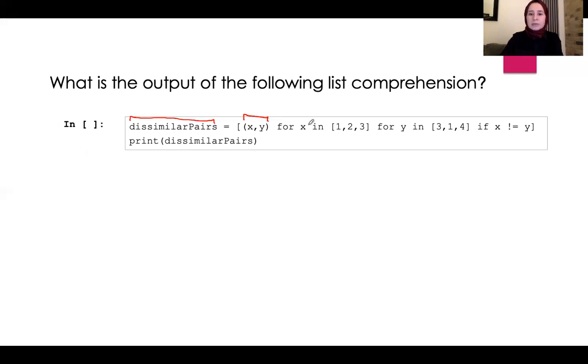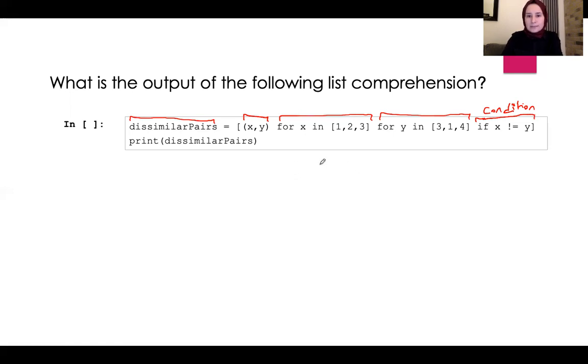And then we have been provided two for loops, and each of them iterates through a list, as you can see here, right? And finally, we have a condition here. So basically, if this condition is true, the xy pair will be added to this list.